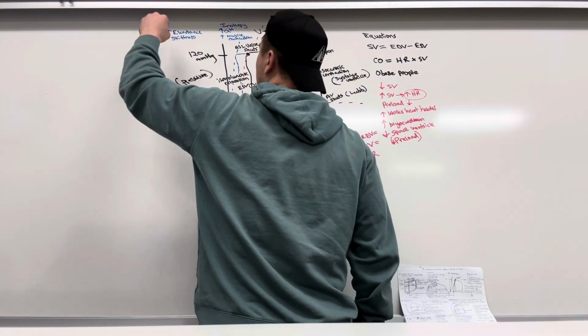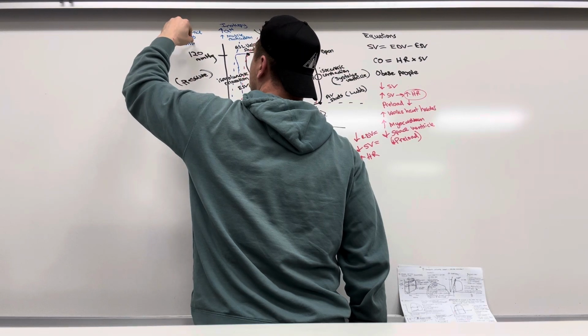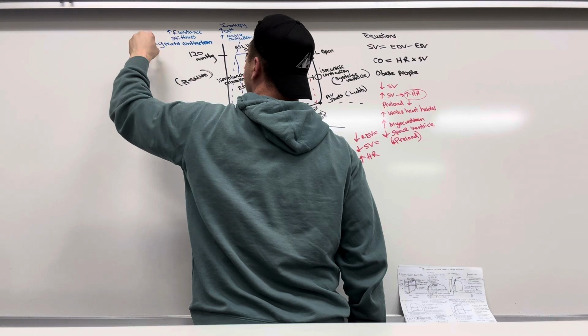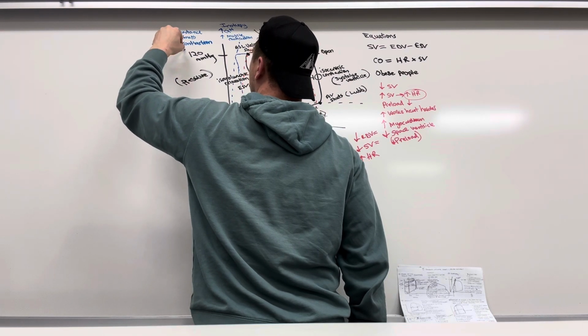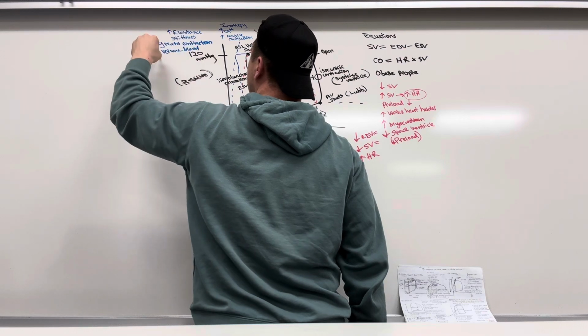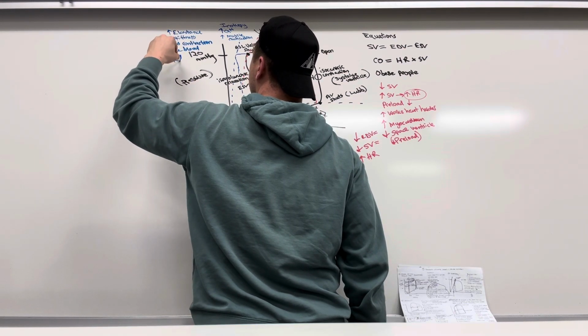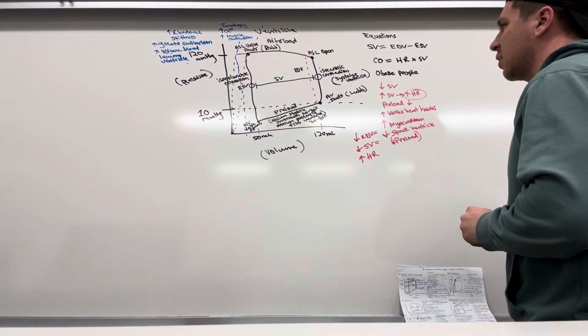So with this elastance increase, we have greater contraction, which also means greater volume of blood leaving the ventricle, if elastance is high and inotropy is increased.